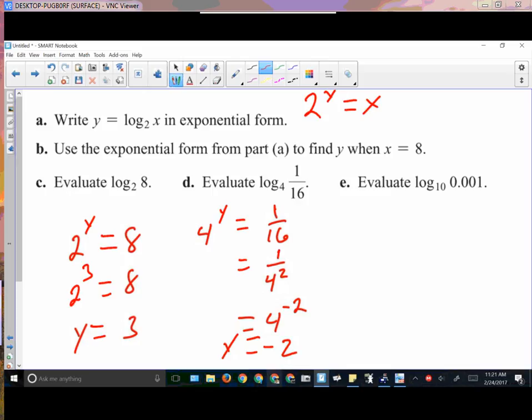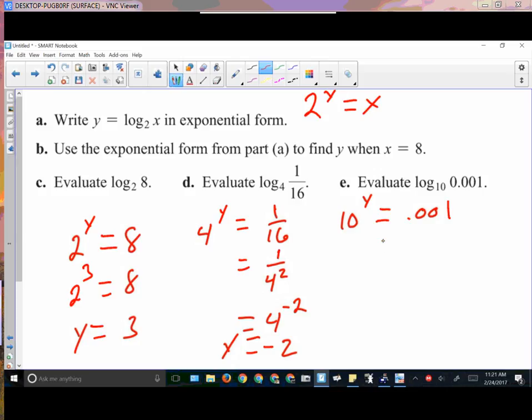But you have to have that understanding of rewriting something in terms of a base to a power. Look at this one here. This is going to be 10 to some power y is equal to 0.001. Now, this is where understanding fractions makes a whole ton more sense.